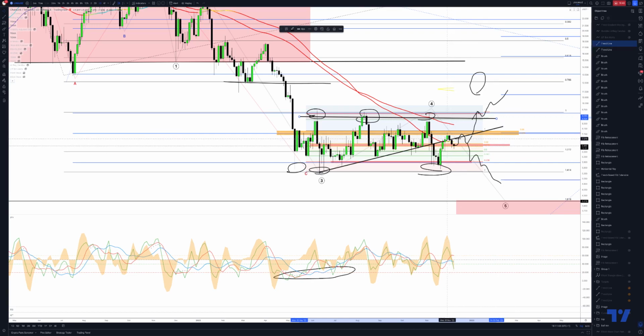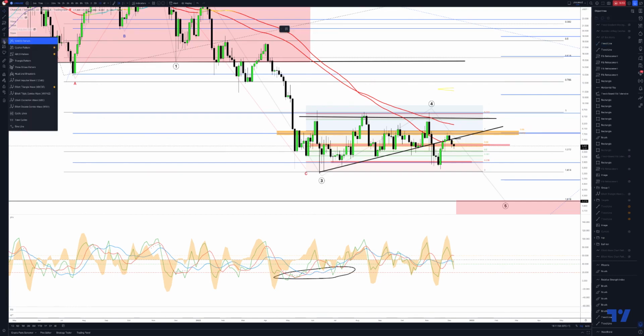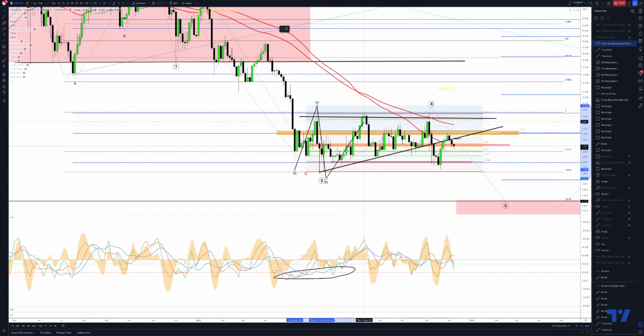Even though it's popped its head above it, it's still below it, and that could act as a bear flag. And if we did our A, B, C, D, E Elliott wave count, that gives justification for going down further.